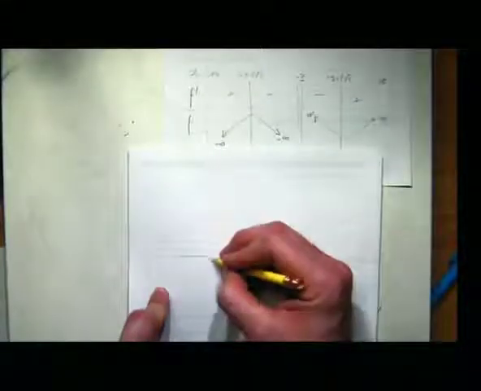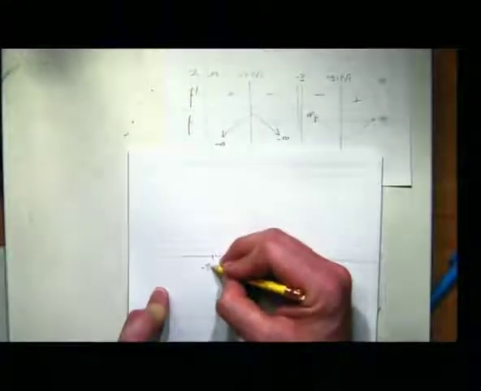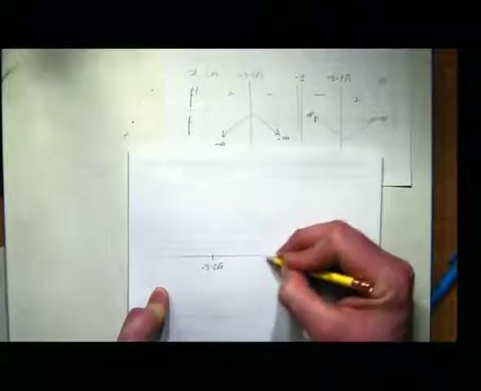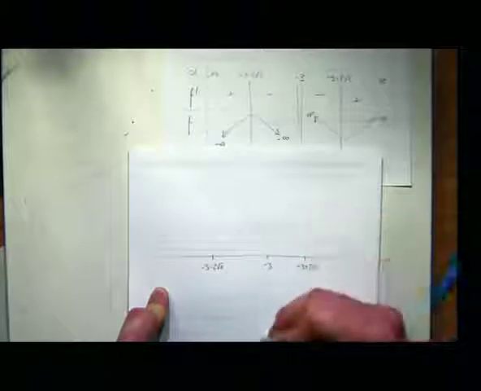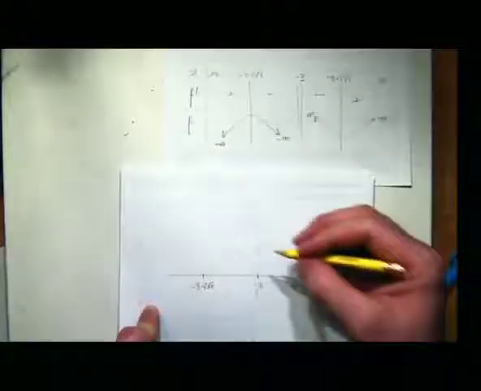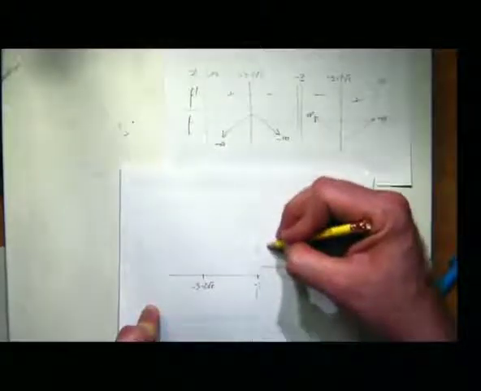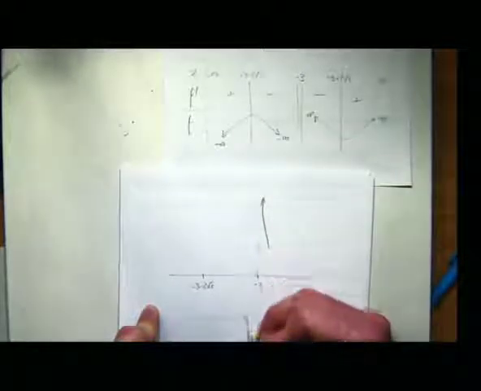So my guess at what the function actually looks like, if I wanted to make a guess, is that I can mark out those points on an x-axis. I haven't figured out where it crosses the x-axis or not, but I know that it's got a vertical asymptote there. I know it's going up to plus infinity there, down to minus infinity there.